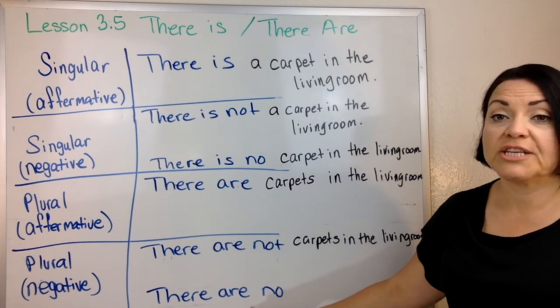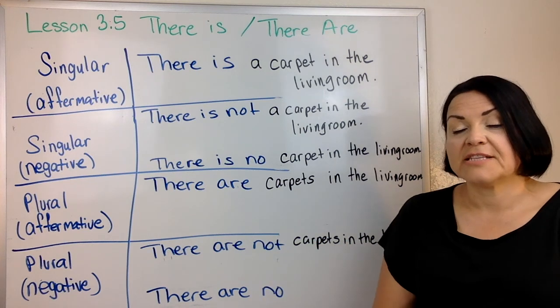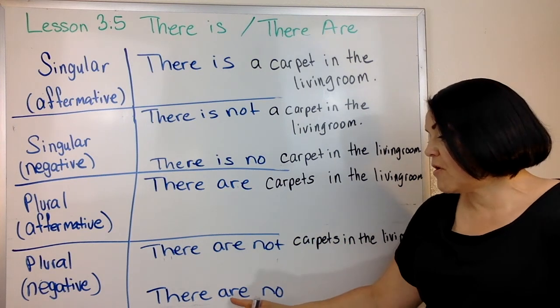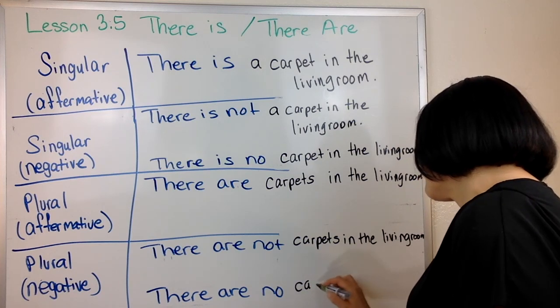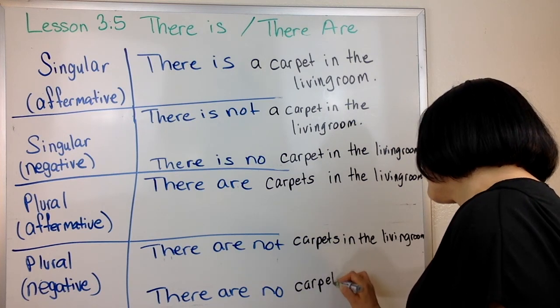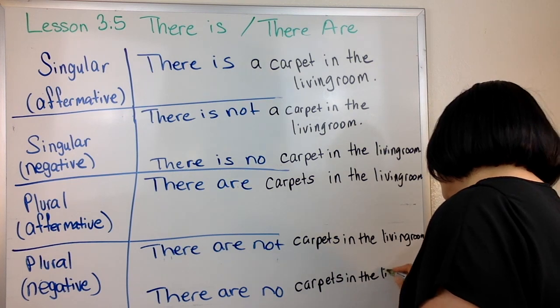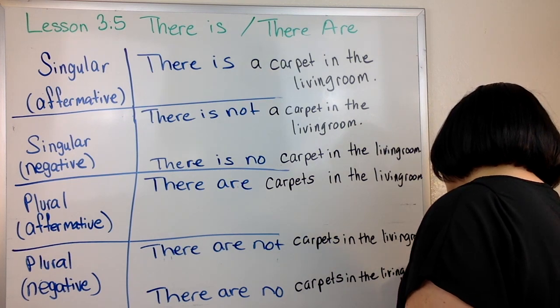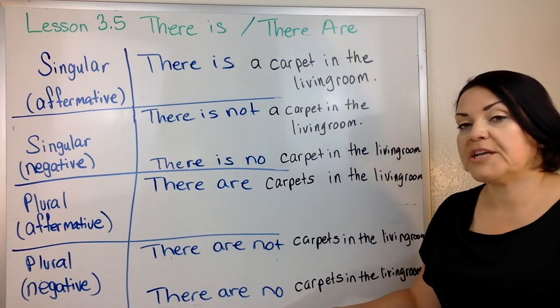This is the one you're going to hear from most people, me and maybe the things that you hear outside of class. There are no carpets. Okay, this is the one you're going to hear the most.